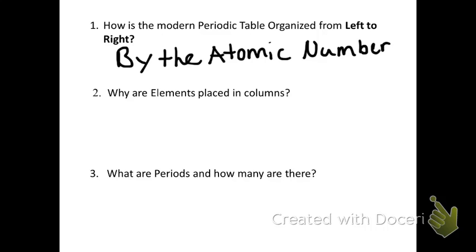Alright. Number 2, why are elements placed in columns? Well, columns basically run up and down the periodic table, or from top to bottom.